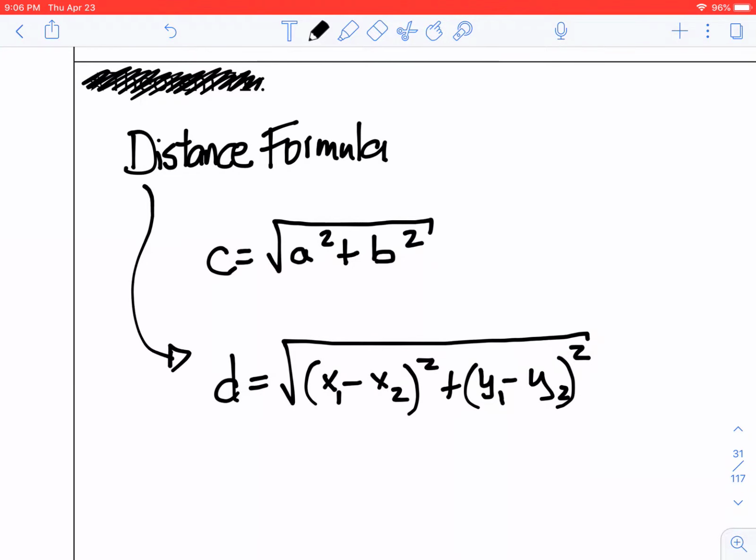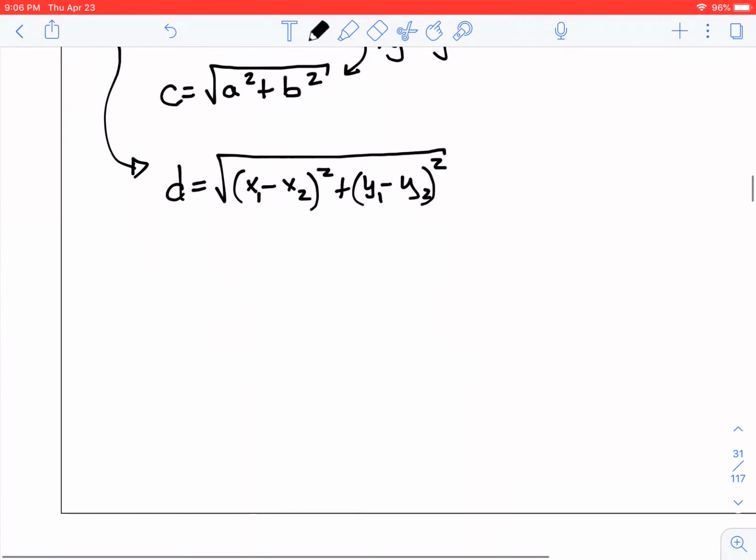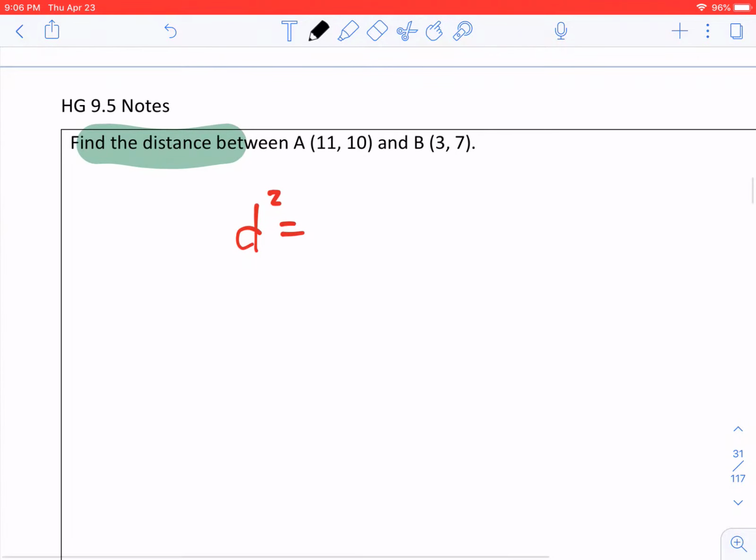This is the informal distance formula based on Pythagoras. They both, again, are springing from the same idea, the same concept. More on that later.